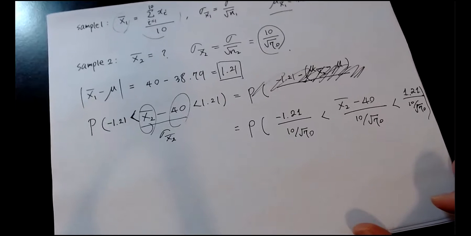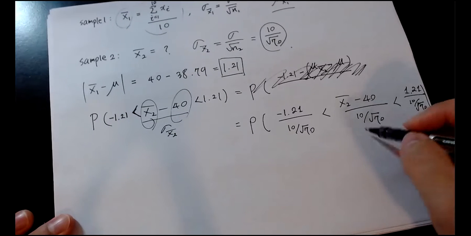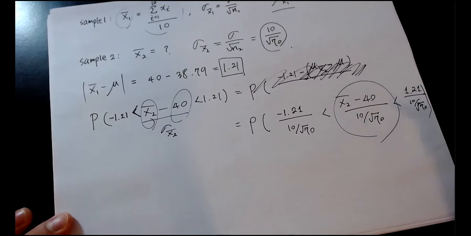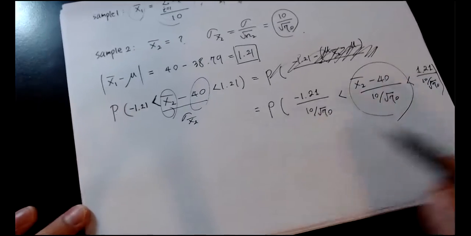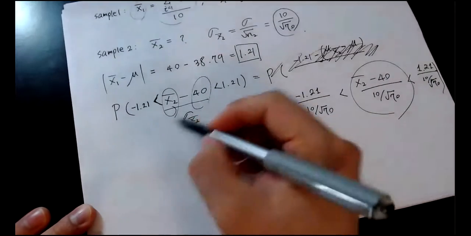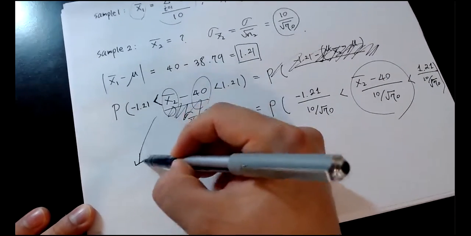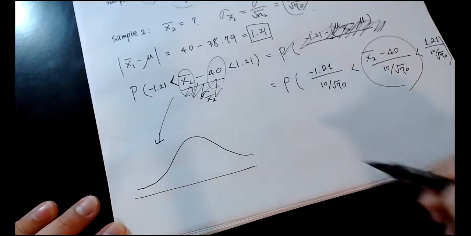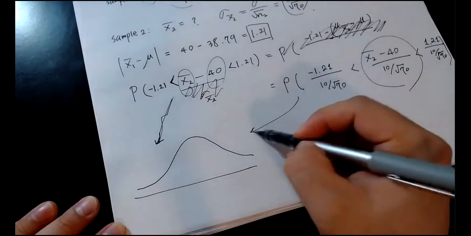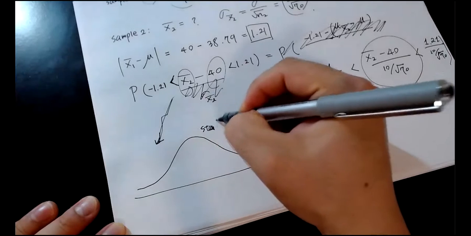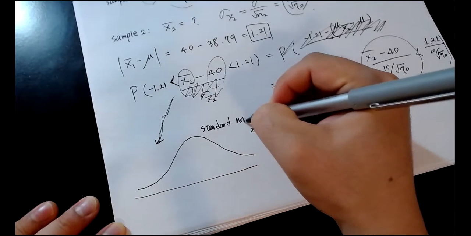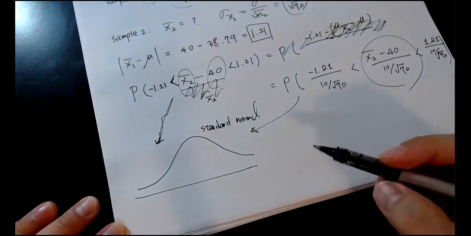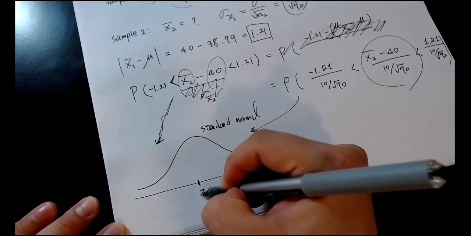Then this is the z-score of x2 bar. So this is the normal distribution.